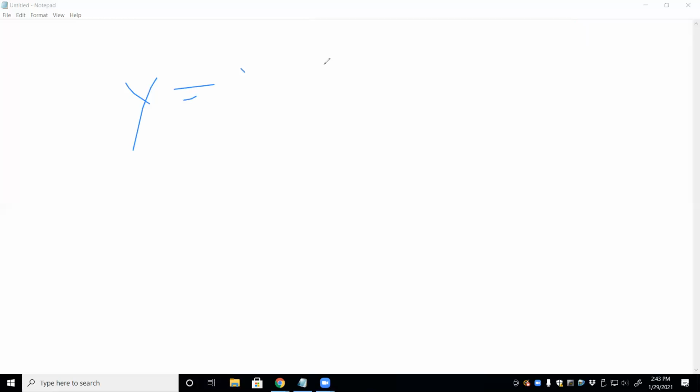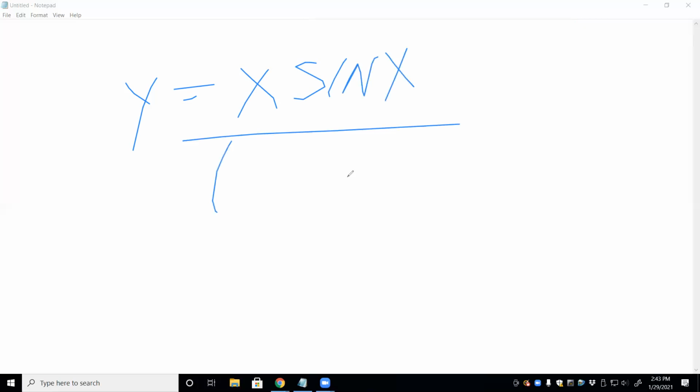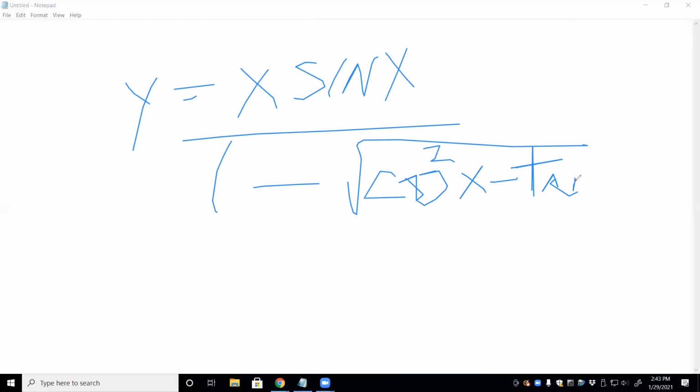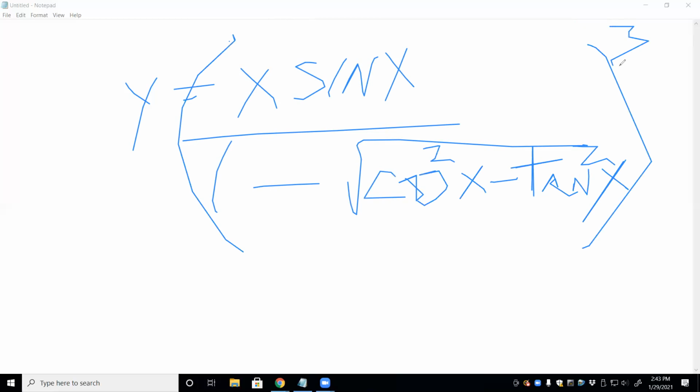I could have something like this, doesn't matter how complicated, all cubed. And between those four rules, I can differentiate this. The four rules being the power rule, product rule, quotient rule, and chain rule. All of them would be required to differentiate this function.